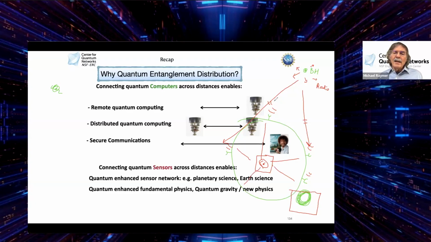And secondly, if you can combine the electronic signals from the telescopes, instead of combining them through a classical internet, if you can combine them all, here's a quantum computer over here. If you can combine the signals from all these different radio telescopes into one quantum computer, then you can process the image much more precisely and get a much better image.